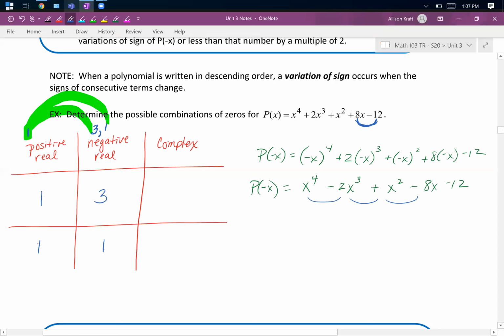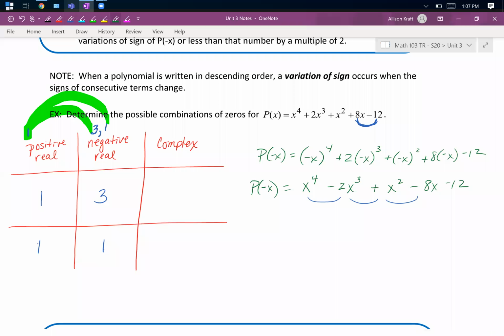Last thing we're going to do is fill in our complex column. Our n zeros theorem told us that the number of zeros we have is equal to the degree.